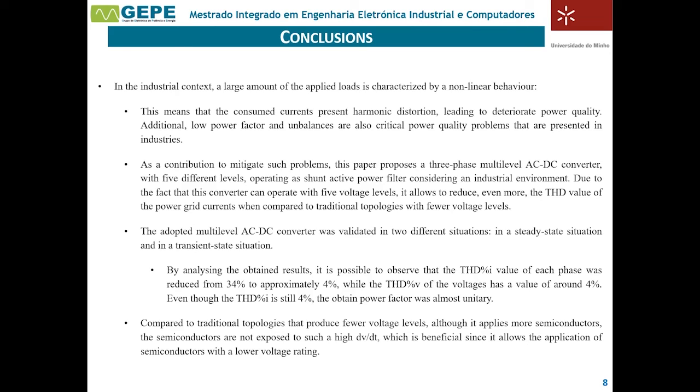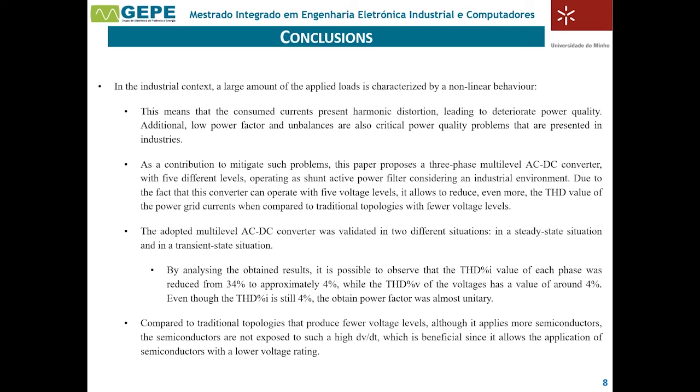The multi-level AC-DC converter was validated in 2 different situations, in a steady state situation and in a transient state situation. By analyzing the obtained results, it is possible to observe that the THD of the current of each phase dropped around 34% to approximately 4%, while the THD of the voltage has a value of around 4%.